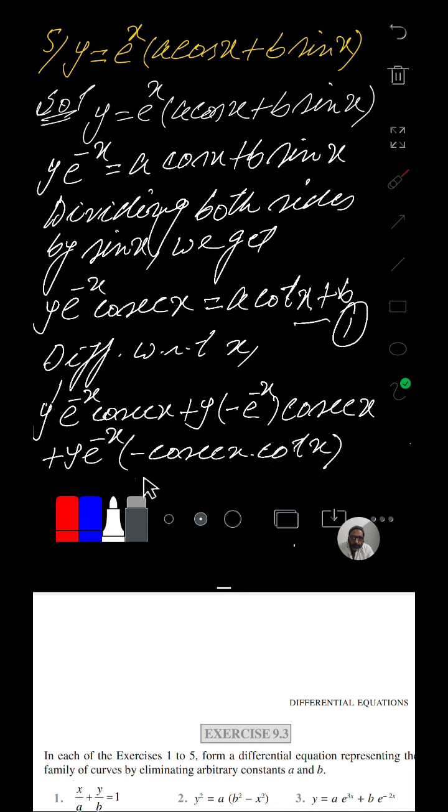On the right hand side we have a, and the derivative of cot x is minus cosec square x, and derivative of constant term b is 0.